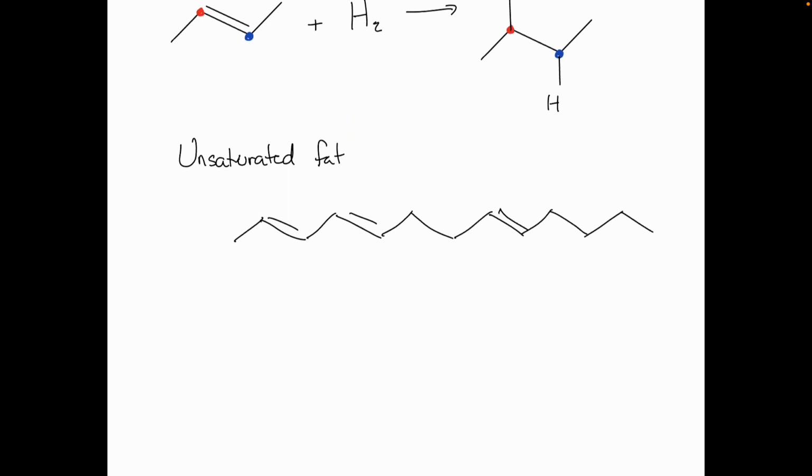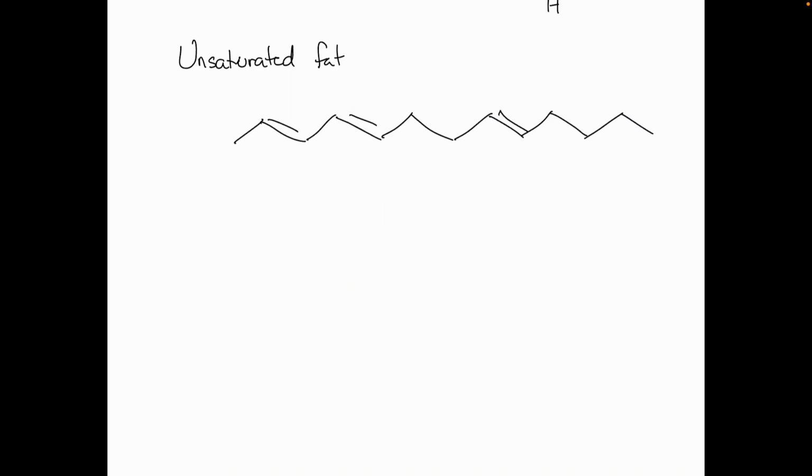Cool. So what do our sweet companies, what do the Little Debbies of the world love to use? They don't want to use this healthy stuff, right? They want the saturated fats, which is when there are no double bonds, alkanes. Okay, those are the delicious ones.